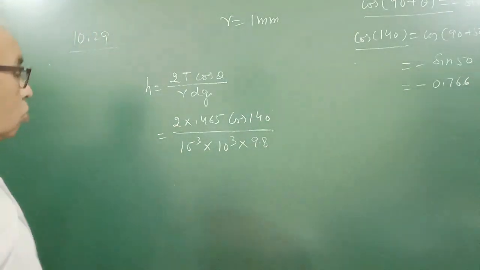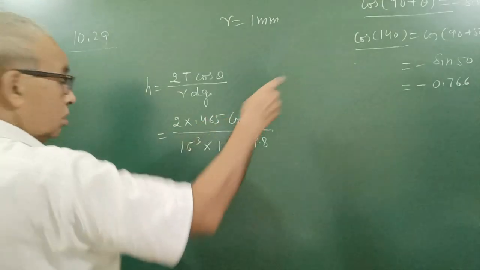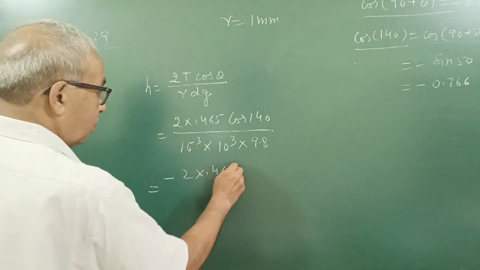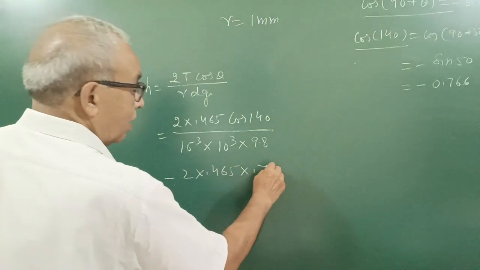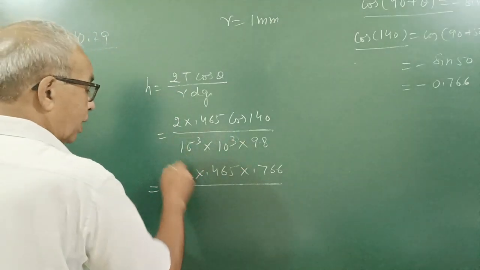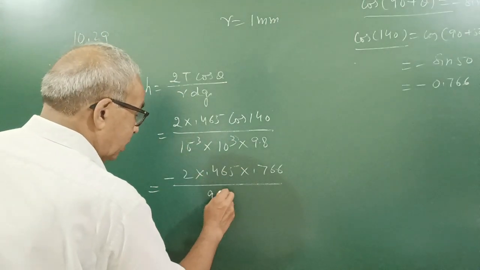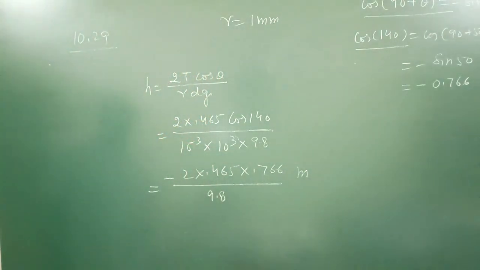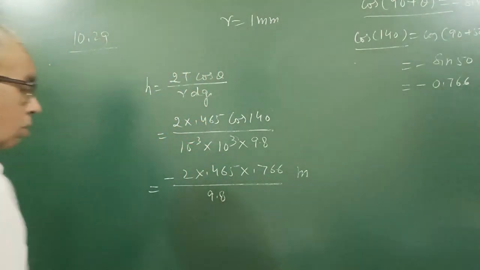Okay, so put this value: minus 2 into 0.465 into 0.766 upon 9.8, this cancels, and it will be in meter. Convert this into millimeter.